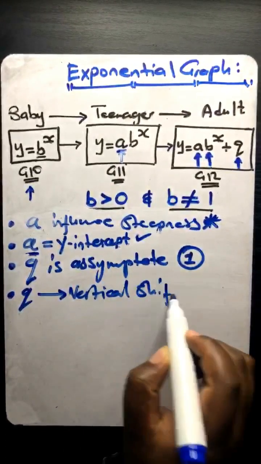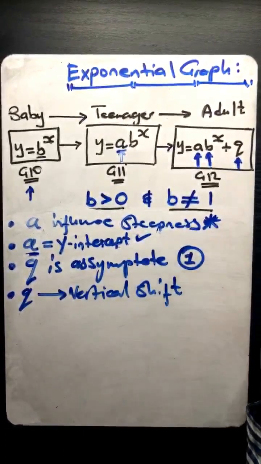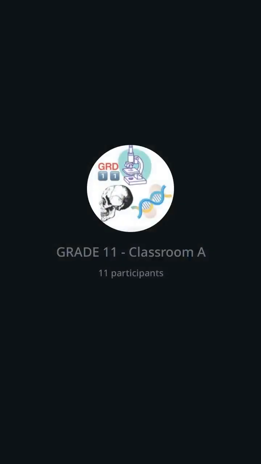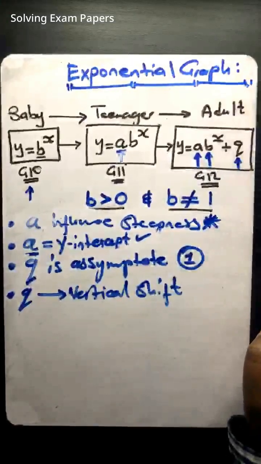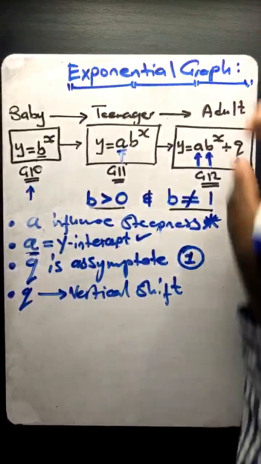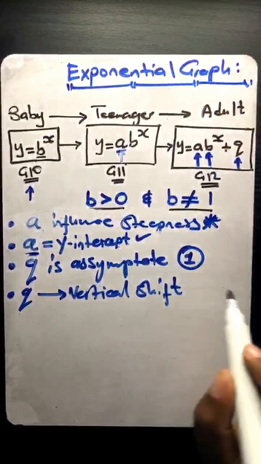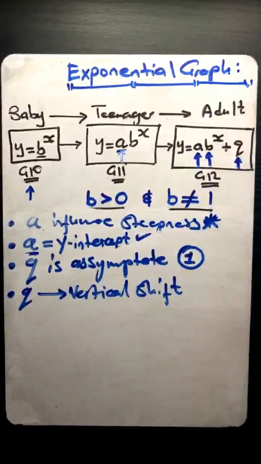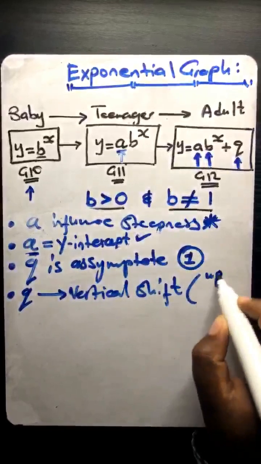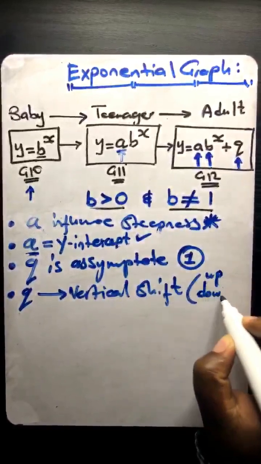Just like on a straight line, we know that the C value is vertical shift, and the hyperbola is still letter Q, vertical shift, and the parabola is C, vertical shift, and the exponential is Q again, vertical shift. What does vertical shift mean? It means either up or down.